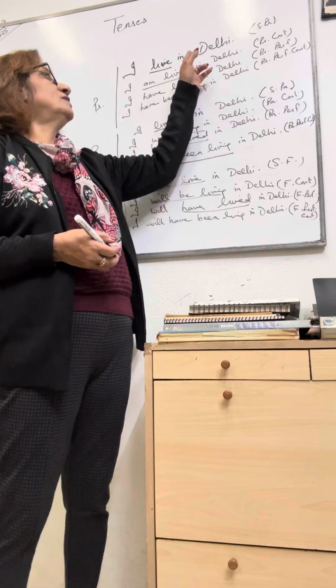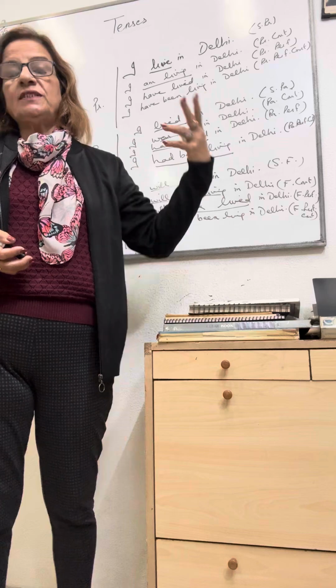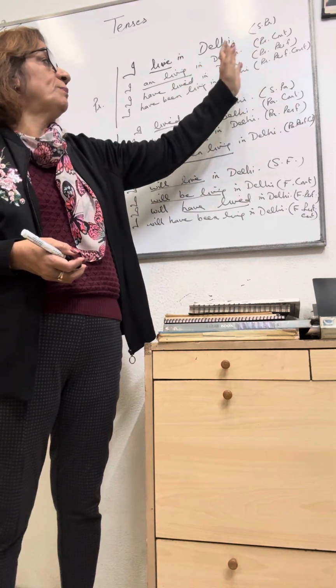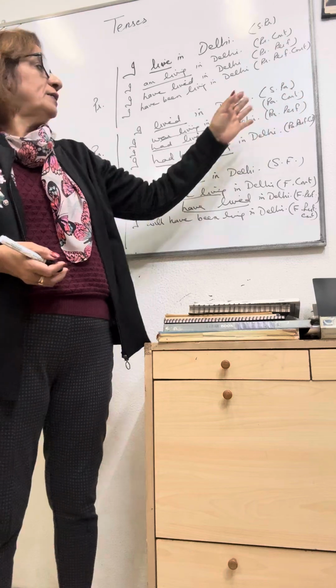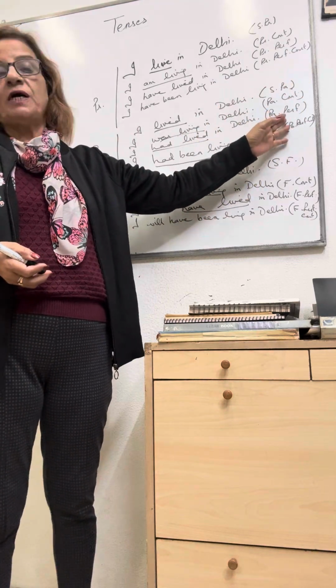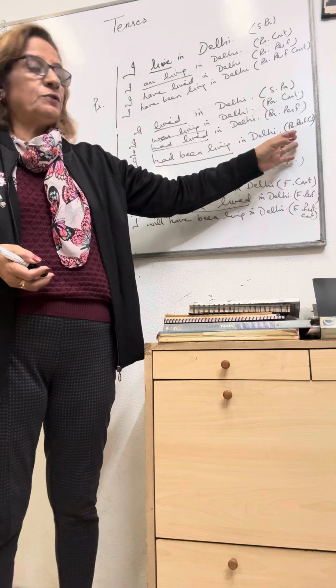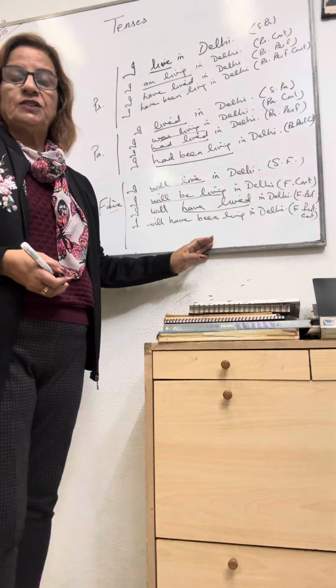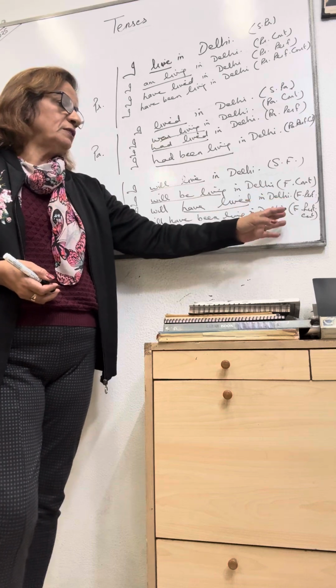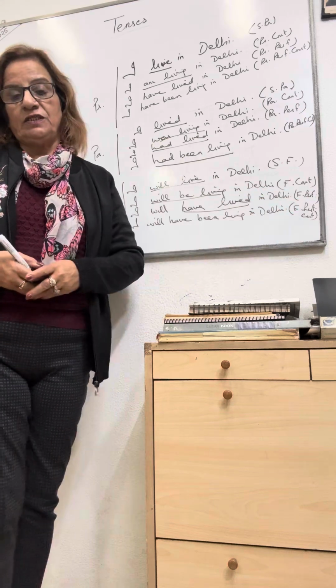So I gave you the sentence I live in Delhi, which was a simple present. I changed it into present continuous, present perfect continuous. Then I changed the same sentence into simple past, past continuous, past perfect and past perfect continuous. And then I changed it into future: simple future, future continuous, future perfect and future perfect continuous.